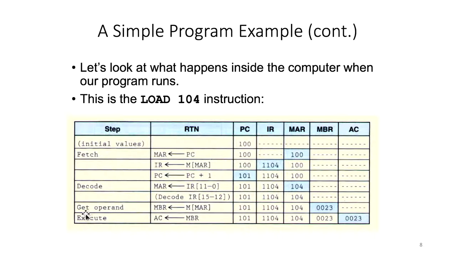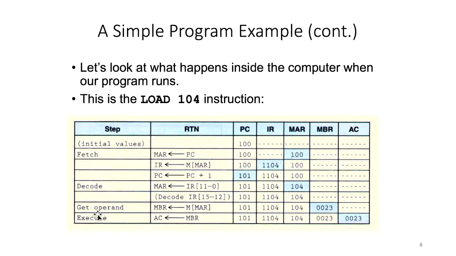The next step is get operand. The computer goes into memory at the address stored in the memory address register, which is address 104, and that information is copied to the memory buffer register. At address 104 the content is 0023, and it is copied to the memory buffer register.